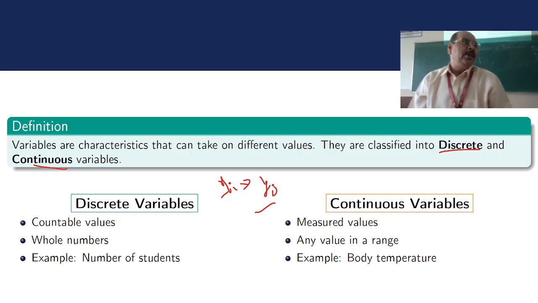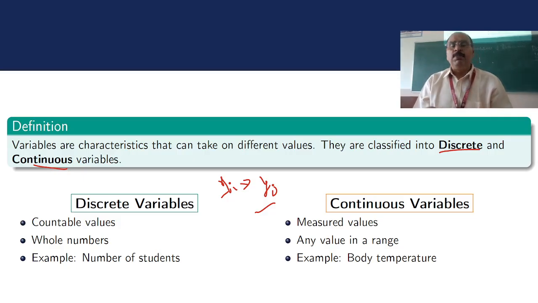Easy to remember, and the best way of understanding what is a discrete variable is that in a continuous variable you have values at every point. Discrete variables you don't have values at every point. You have them at particular points.